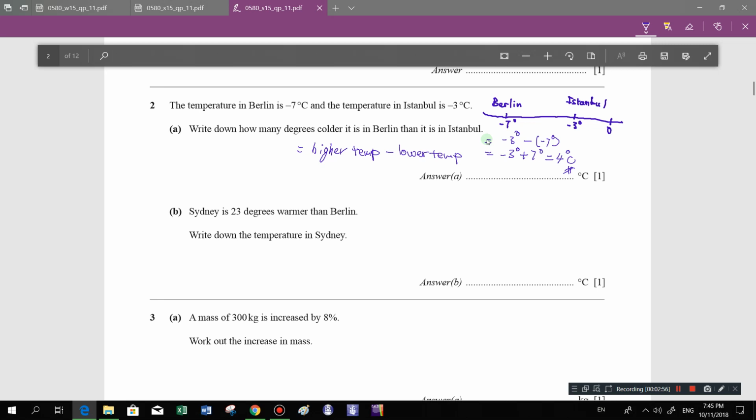Now let's look at another one. Sydney is 23 degrees warmer than Berlin. Now let's draw a number line.